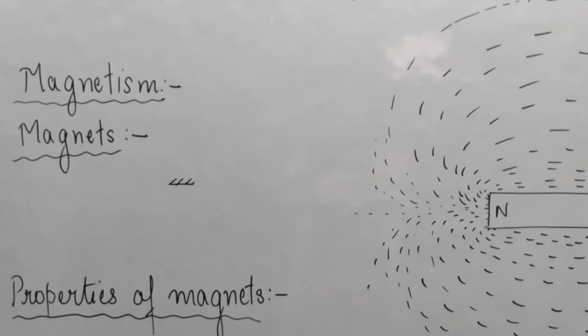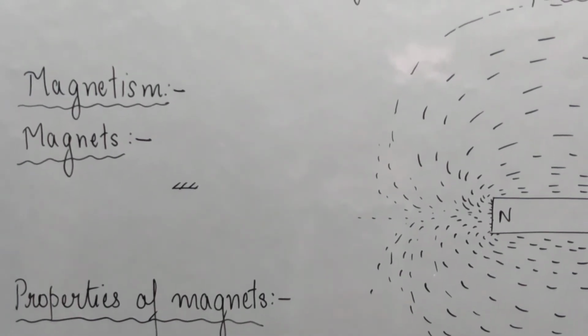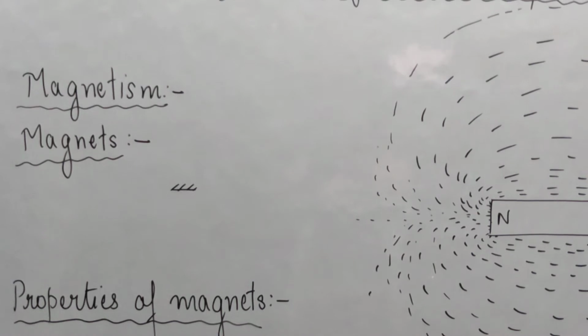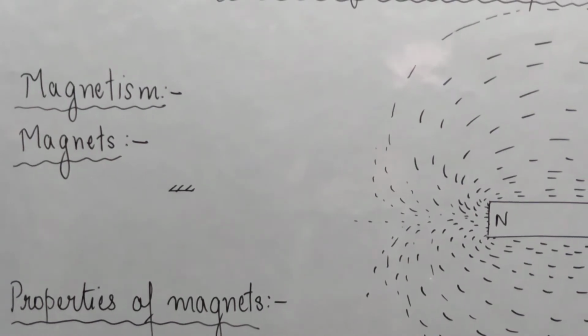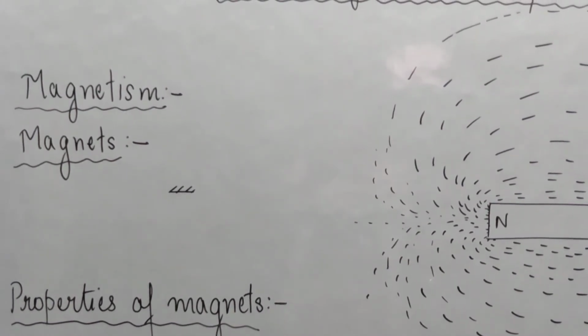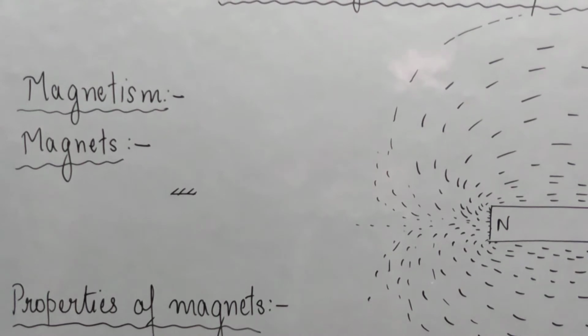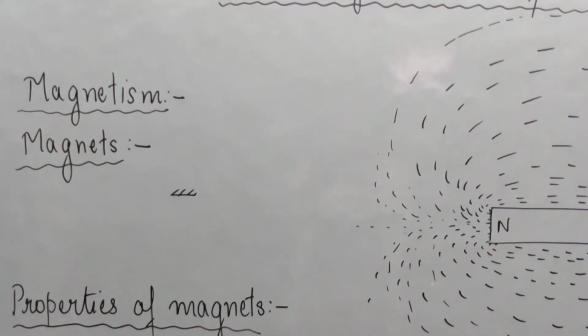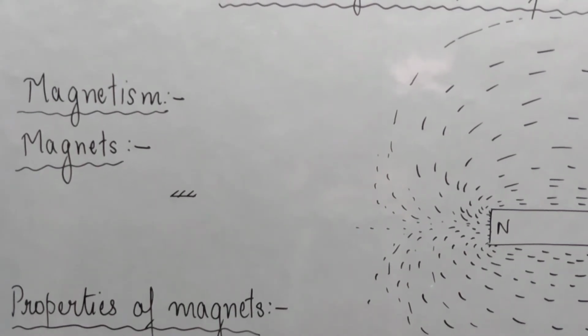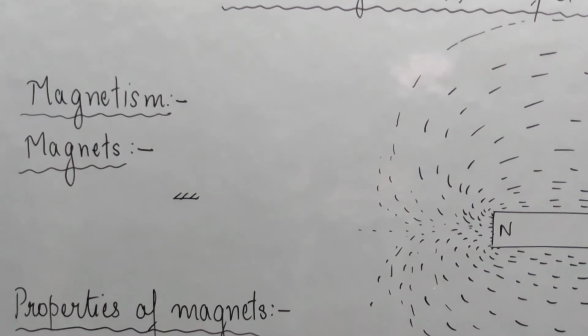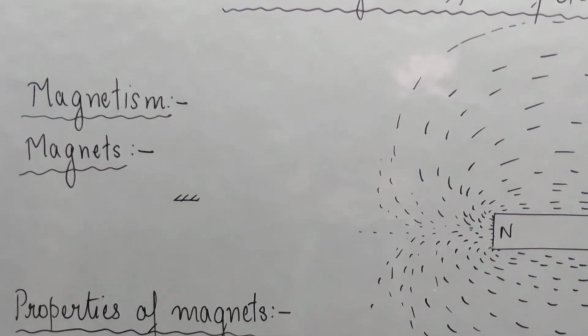We know that when a bar magnet is freely suspended from a rigid support, it is going to point only in one direction. When it is rotated, it will come to rest only in one particular direction, north-south direction.